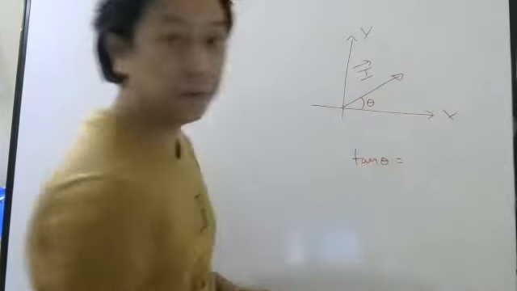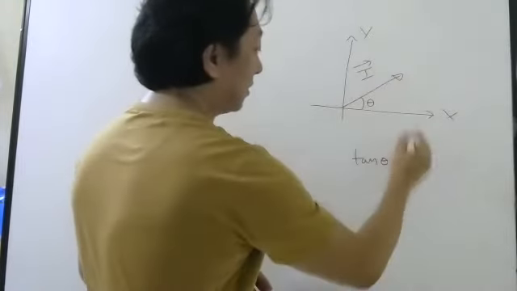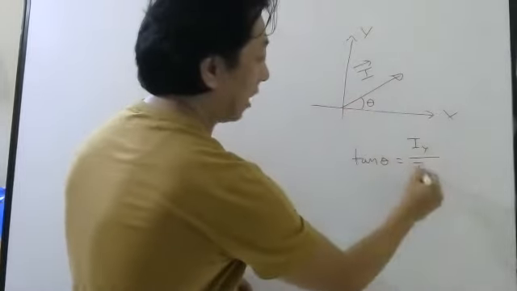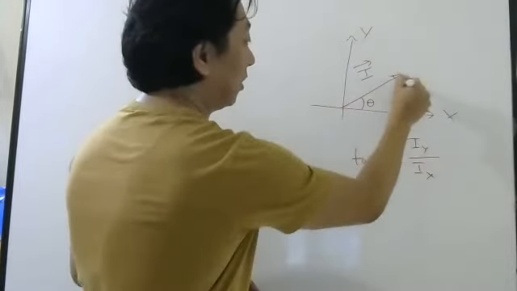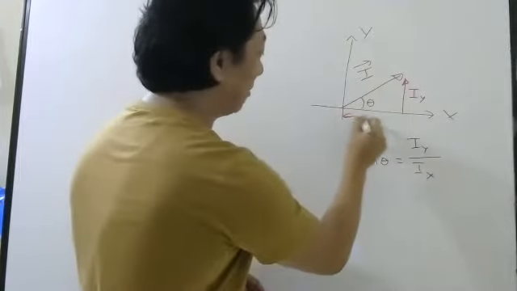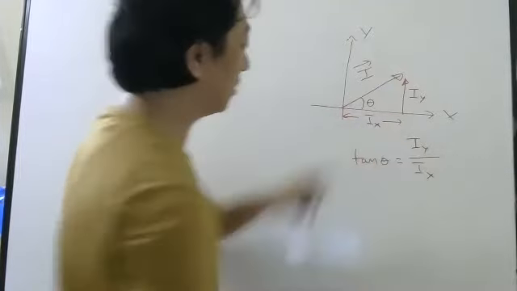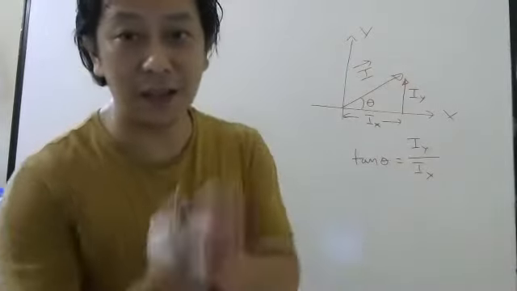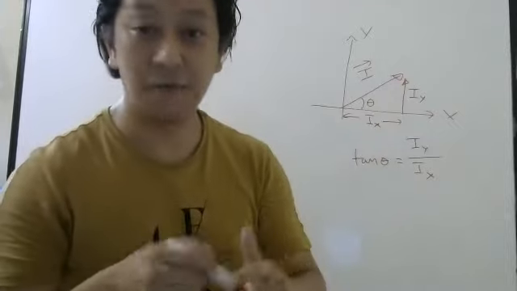The formula will be y component of this, IY, over x component of this, IX, because the y component will be your opposite, and the x component will be your adjacent for this triangle. Correct now? So the whole aim is to find the y component and x component of whatever vector they want.